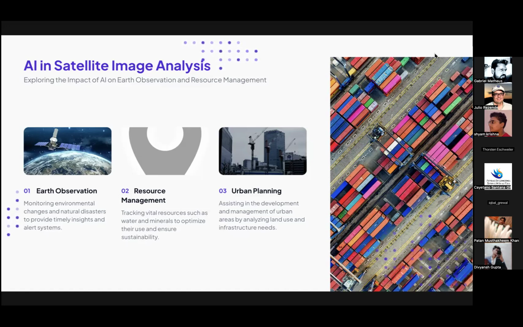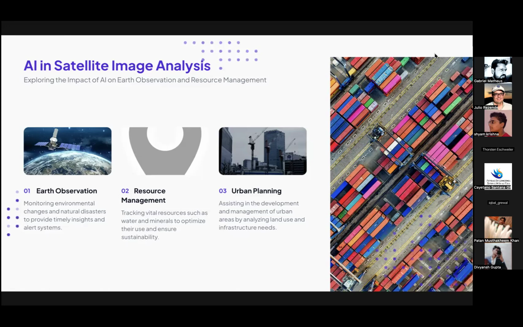Then coming to urban planning, assisting in the development and management of urban areas by analyzing land use and infrastructure needs. How we can use the satellites, followed by artificial intelligence, so that we can easily plan where a building can be constructed based on the previous data that we have.